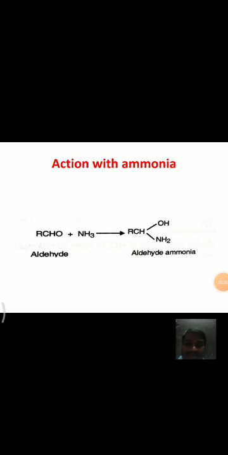And see here, next, an aldehyde reacts with ammonia and forms aldehyde ammonia. See here, RCHO reacts with NH3 and forms RCH(NH2)OH, aldehyde ammonia.